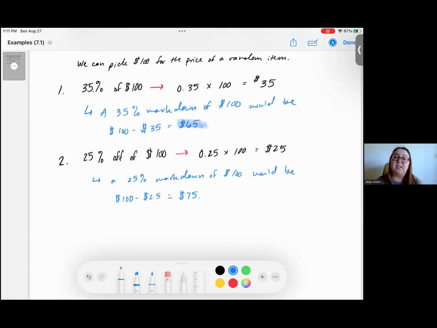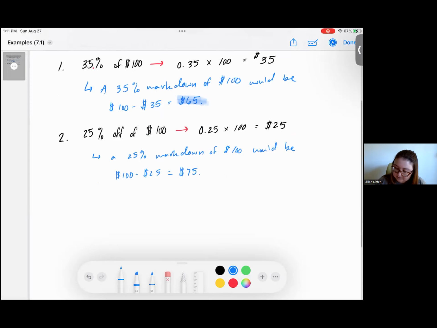And then we're getting an additional 10. But what we do now is that it's already been marked down. When we get an additional 10% off, we're getting 10% off $75, not the original 100. So when we do our next step, this is 10% off 75, not 100. But we'll see how much that is.